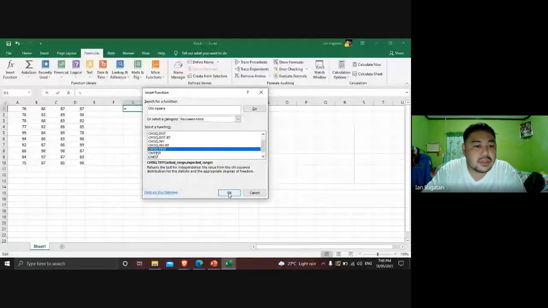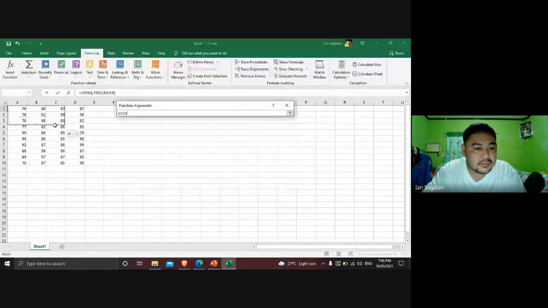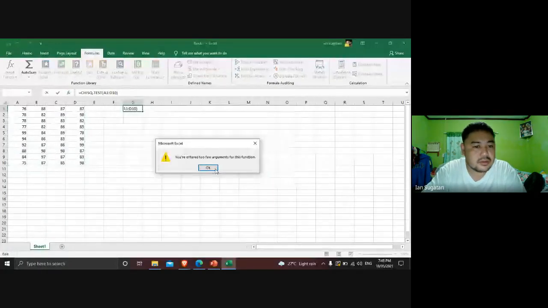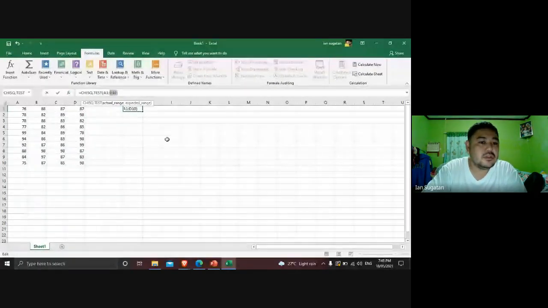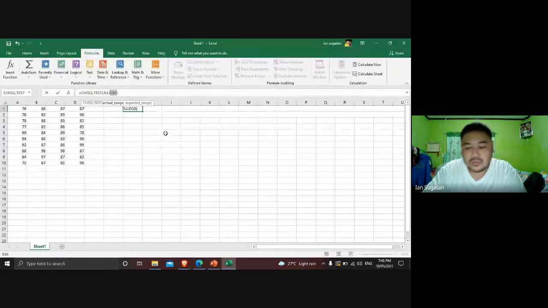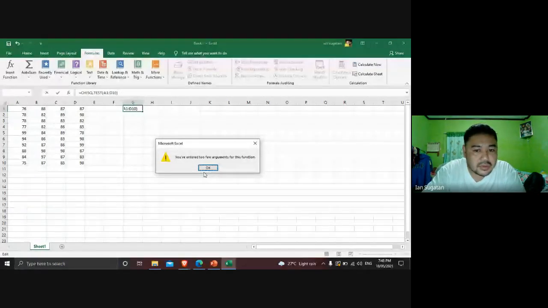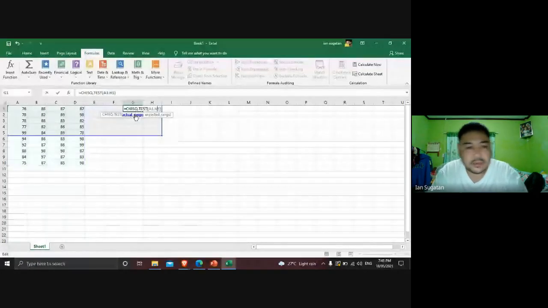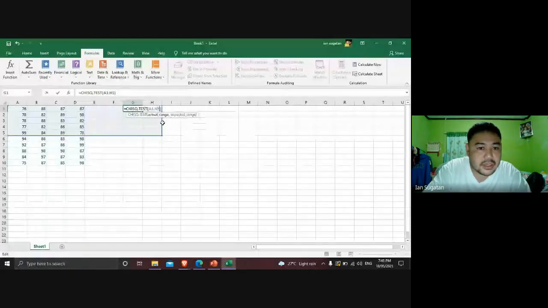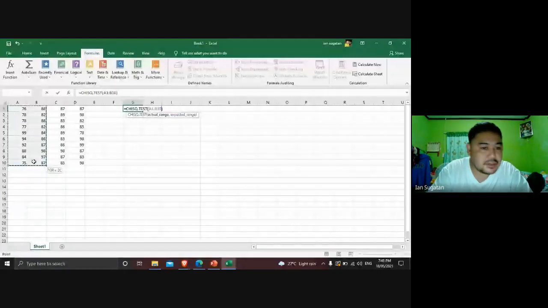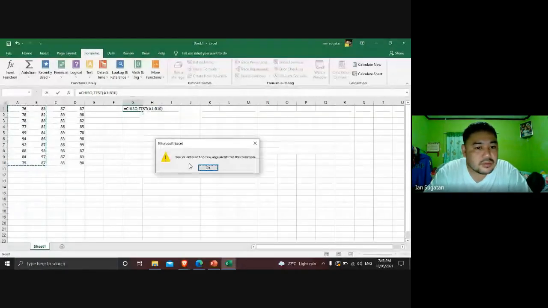Let's try chi-sq.test. The actual range is this one. Okay, you entered too few arguments for this function. Let's try just two first, to see if it works.